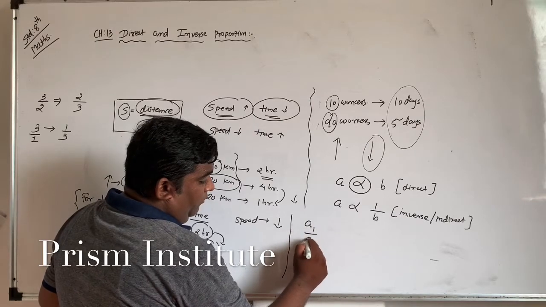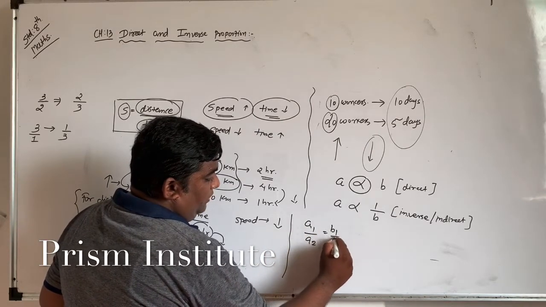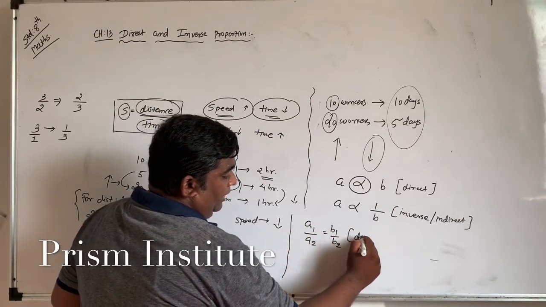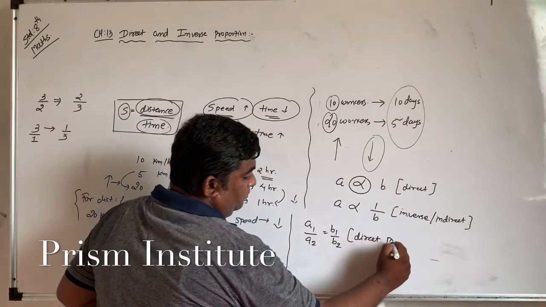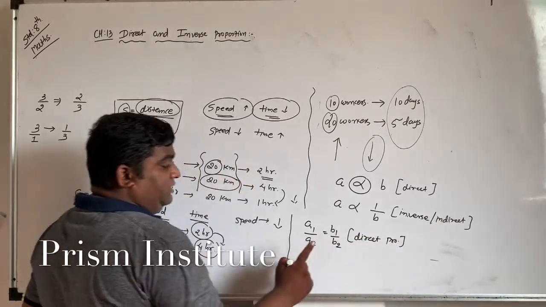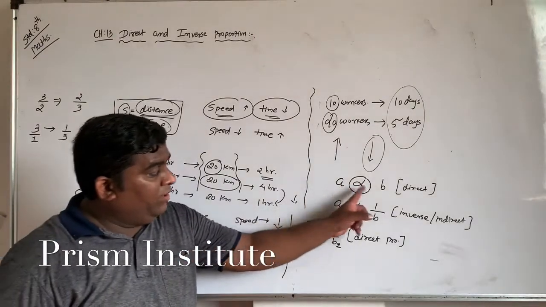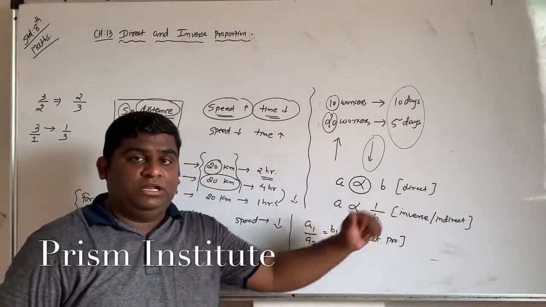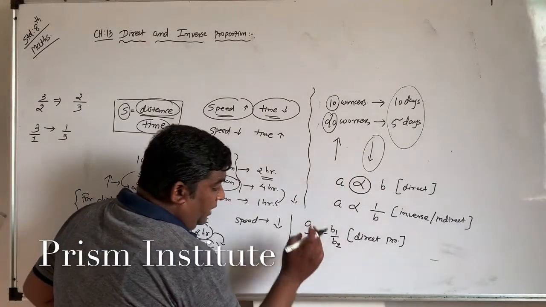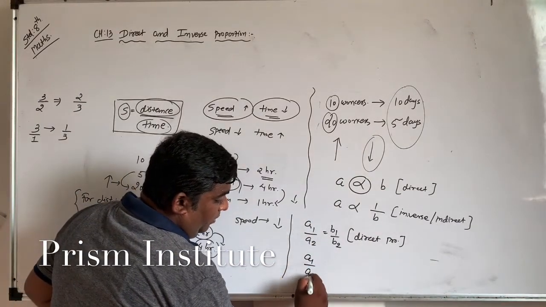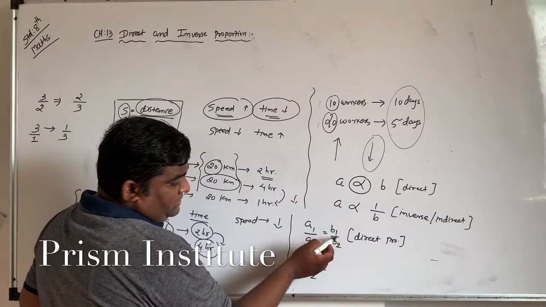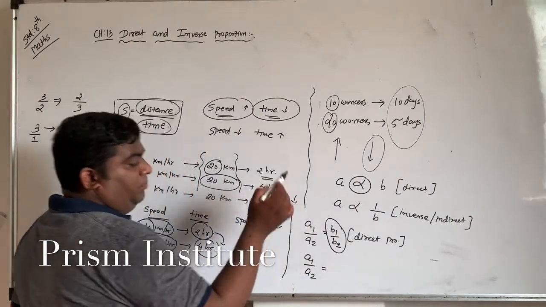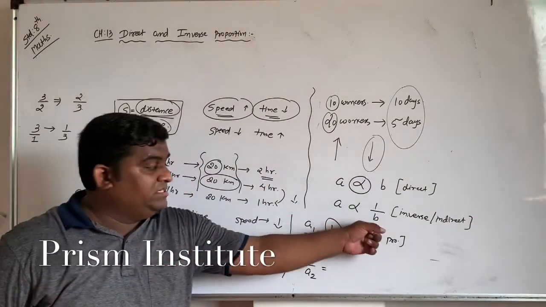Let's write down both formulas. We know that A1 upon A2 is equal to B1 upon B2 for direct proportion. But in inverse proportion, A1 upon A2, just change the position of B only, because B is in the denominator.